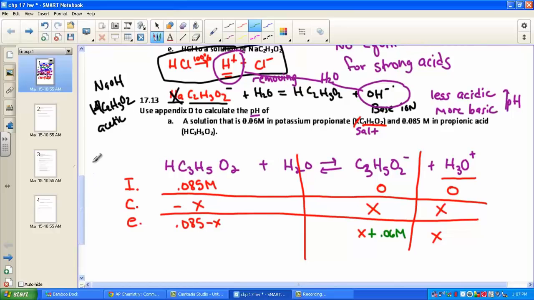One more thing. While I'm getting this set up, we can find the Ka of propionic acid by looking at Appendix D. Propionic acid, about 80% of the way down that Appendix D page, I find it to be 1.3 times 10 to the negative fifth. Let me look again. 1.3 times 10 to the negative 5.